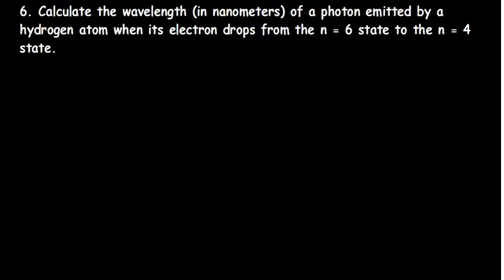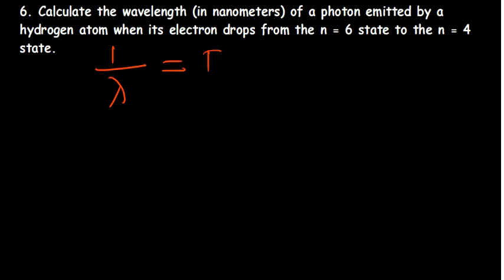Question 6. Calculate the wavelength in nanometers of a photon emitted by a hydrogen atom when its electron drops from the 6th energy level to the 4th. Whenever I want to determine the wavelength in regards to a transition, I just use the Rydberg formula. It's easy and faster.